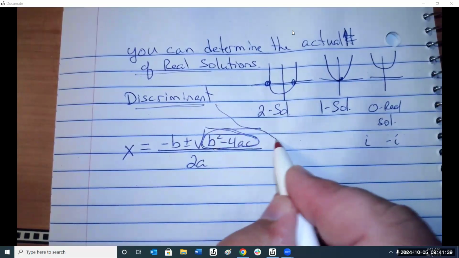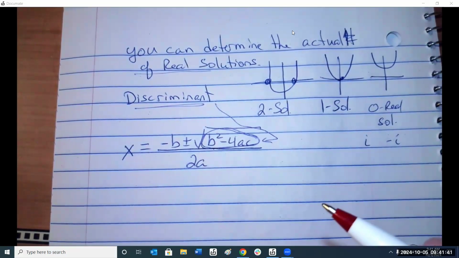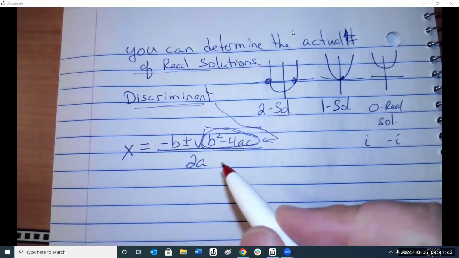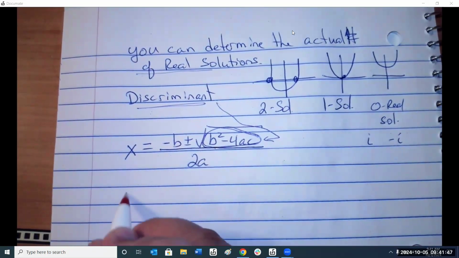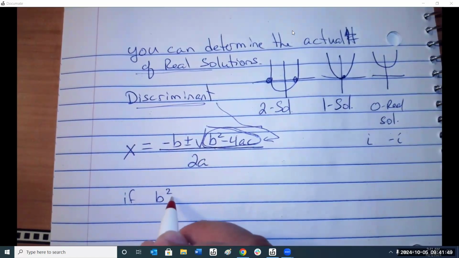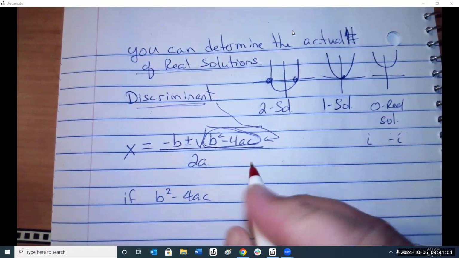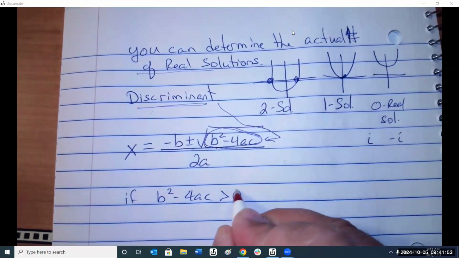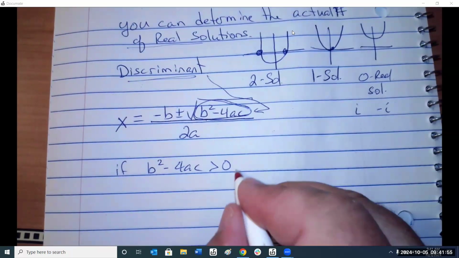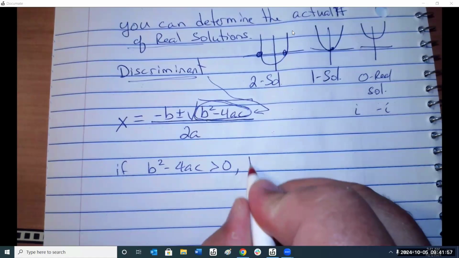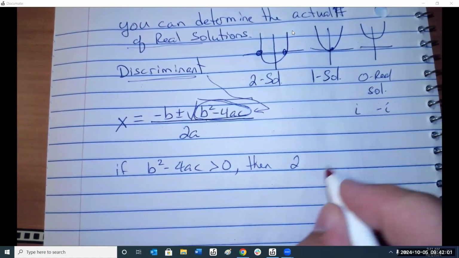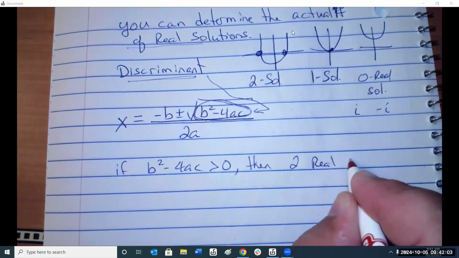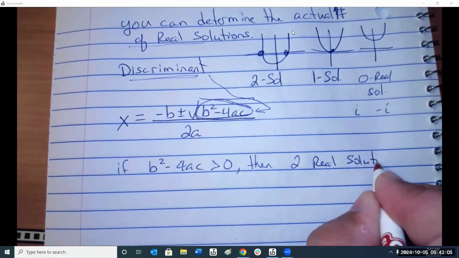That's the discriminant, b squared minus 4ac. Because think about it. If b squared minus 4ac is positive, then we get two real solutions.